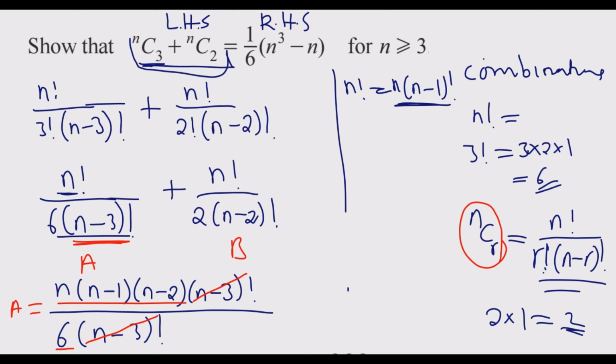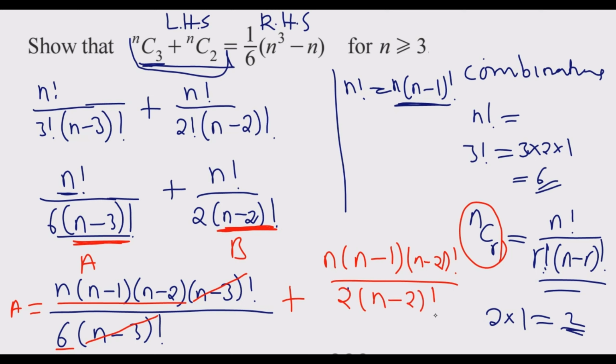So it will be plus n times n minus 1, then n minus 2 factorial, because I want the last part to be equal to this part, just like the way it was here. So it will be 2 multiplied by n minus 2 factorial. What you notice is this and that cancel. So I'm going to end up with this one and this one.